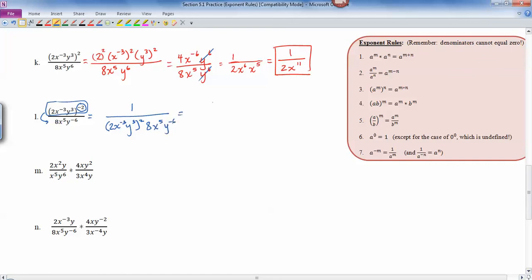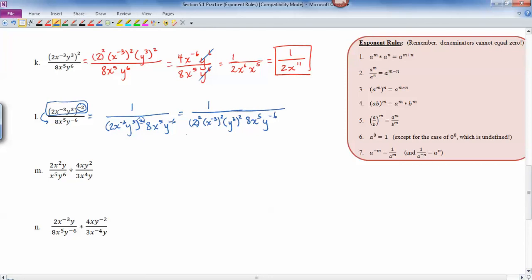So then that's going to turn into 1 over. And then if I want to deal with this squared now, I'll apply it to each term in the product. So 2 squared, x to the negative 3 squared, y cubed squared, times 8 times x to the 5th times y to the negative 6th.